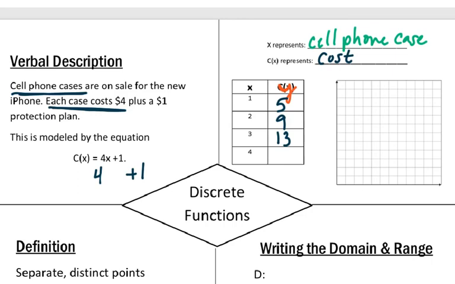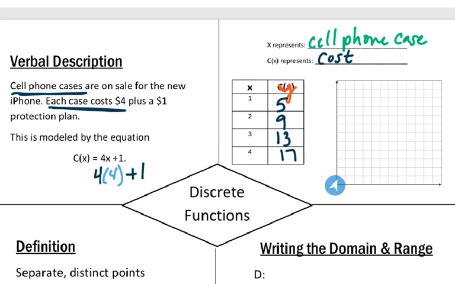Next, 4 cases, 4 times 4 plus 1 is the number $17.